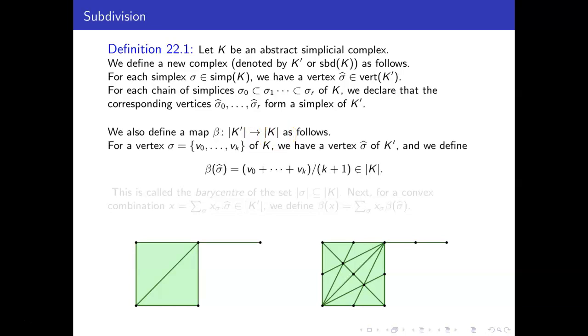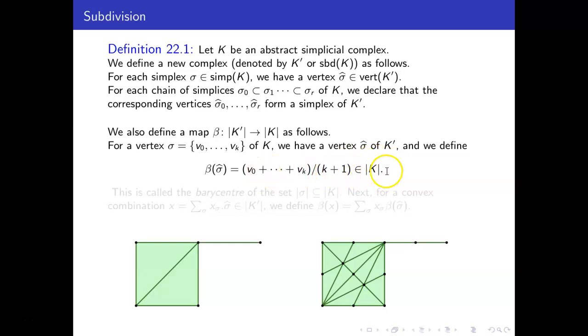And the way it works, if you've got a simplex of K, say sigma, then you get a vertex sigma hat of K prime. And we define beta of that sigma hat to be the center, (V0 plus up to Vk) divided by k plus 1.